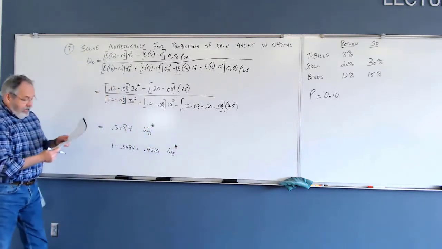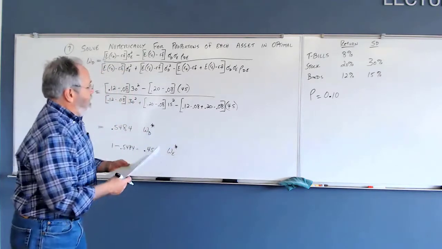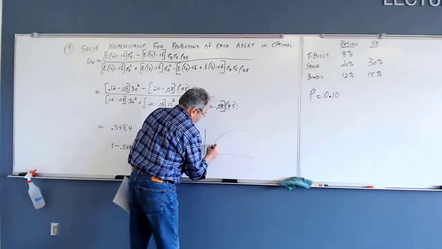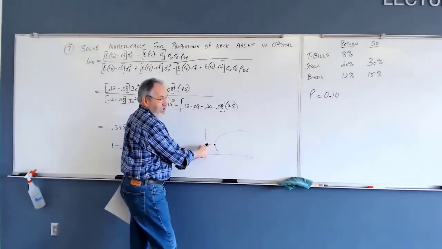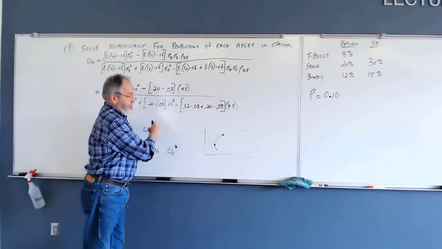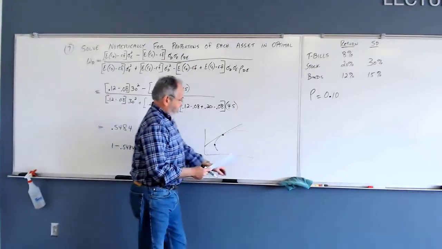Okay? Now, we know this is what you're doing. Before, question 4, I think, wanted to know what's the weights in the minimum variance. This question is asking us what is the weights in the optimal portfolio.